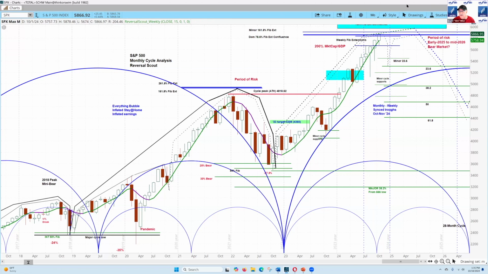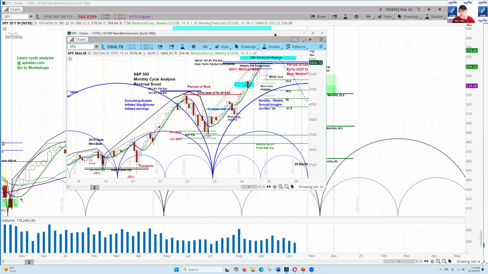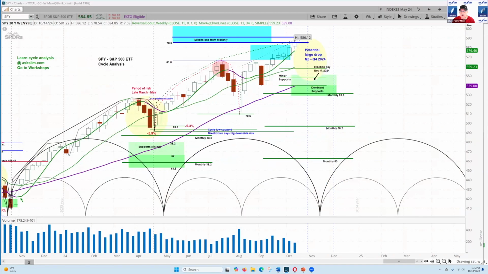So her question was exactly based on the principle of variation. Could the variation have made the low here versus right over here? I'm going to show you why that's not the case. And this might be way too technical for a lot of people watching this show right now. But that low would have occurred right over here. That's that yen panic low, which exactly comes onto this minor cycle low.